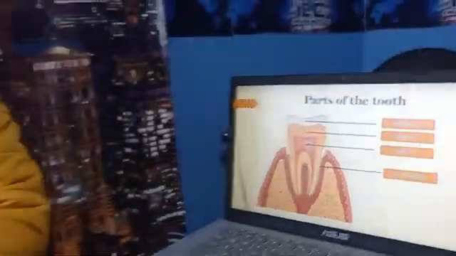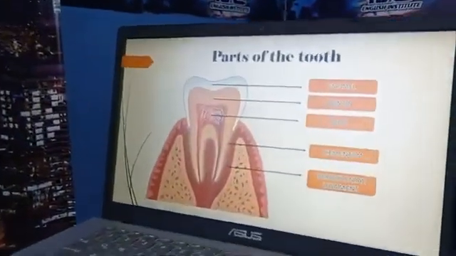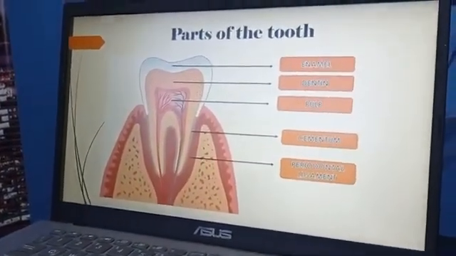It's the most external layer of the tooth root that firmly attaches the teeth to the bone through the periodontal ligament. The periodontal ligament is the set of collagen fibers that help keep the teeth attached to the bone.